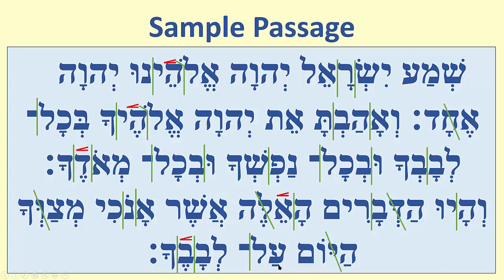We have a closed syllable with a short vowel, al. Here we get a vocal schwa. The lamed is going to be a cluster with the bet, leva. The next syllable is open but has a short vowel, so it must get the accent. Ve, cha. Al levavecha.